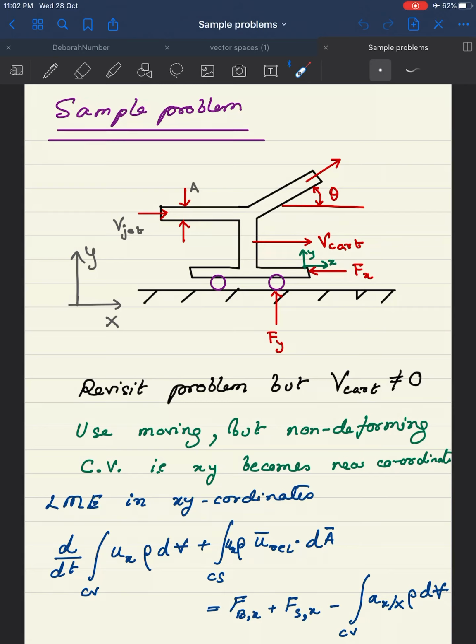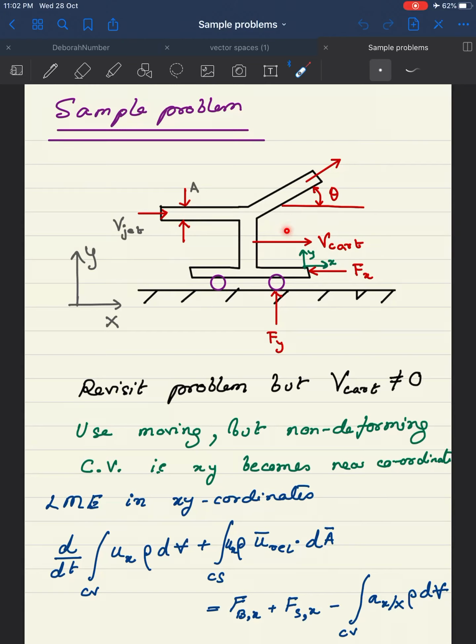Now, all along, the equations that we have been discussing till now were for a control volume that is not deforming and also not accelerating with regards to an inertial reference frame. But here the time derivative of v cart is also not known to you, because we have not provided you what v cart is.